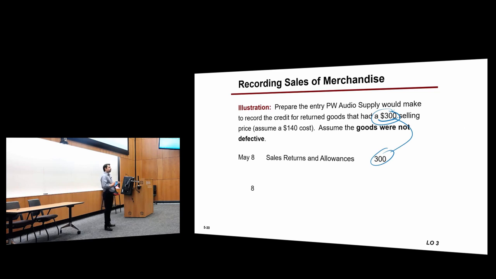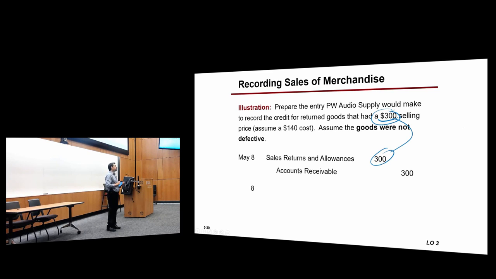Okay? And then what will decrease, like we said? Accounts receivable or cash. Because now you expect less, oh, you said it, I'm sorry. So you will have less accounts receivable because it was on account. Okay? They owe you less. Your customer now owes you less.